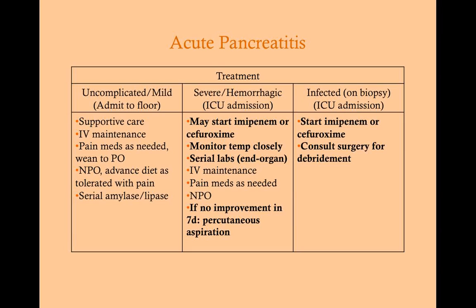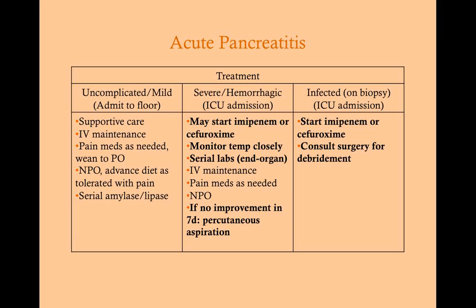And you're not going to be starting these antibiotics because the patient is infected. You're going to start these antibiotics because the patient has a likelihood of becoming infected. So it's really a prophylaxis. You can use any of the carbapenems, but preferably you should use imipenem, or you could also use cefuroxime. So imipenem or cefuroxime should be started in severe pancreatitis.